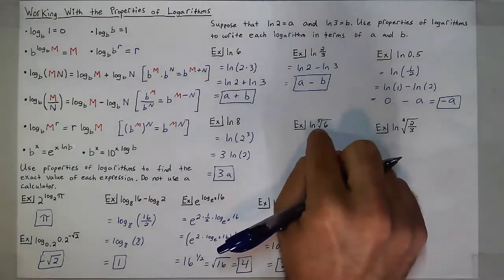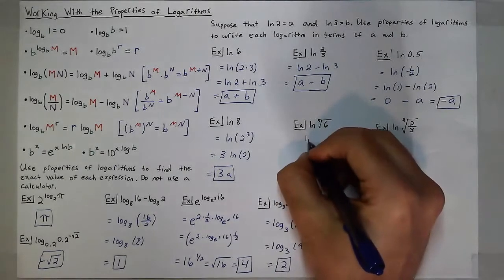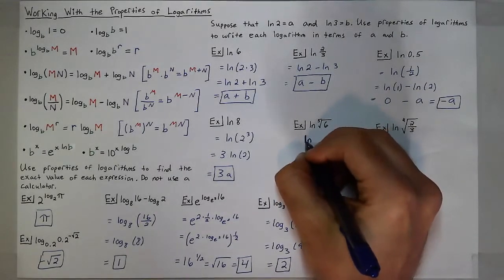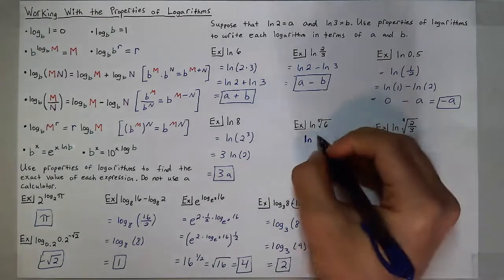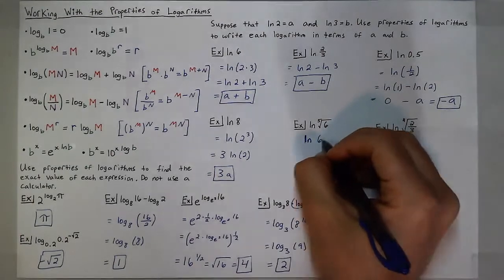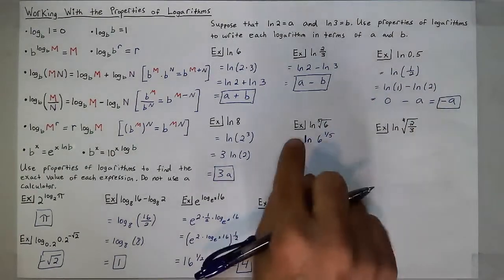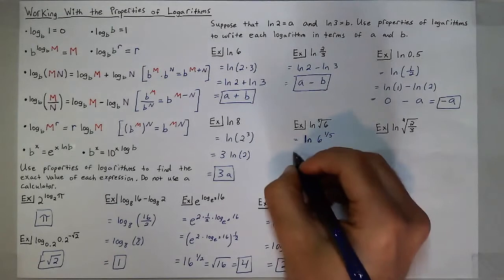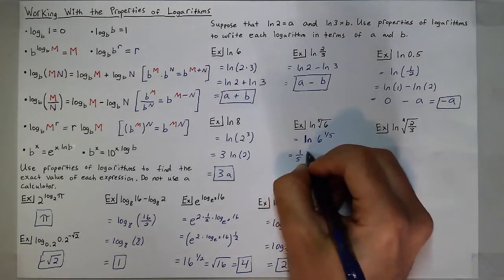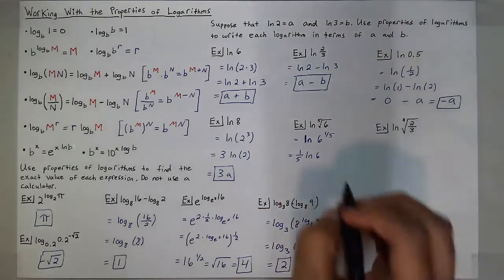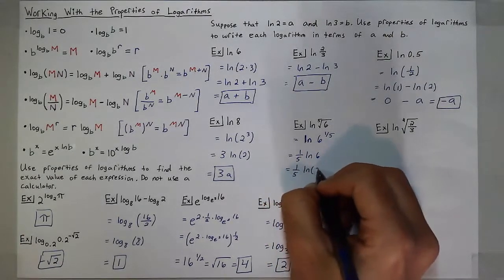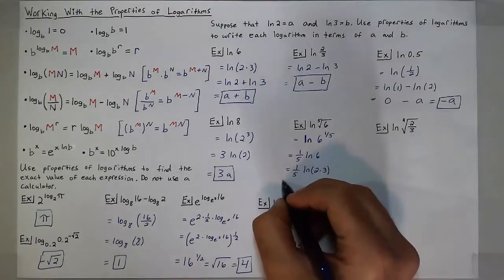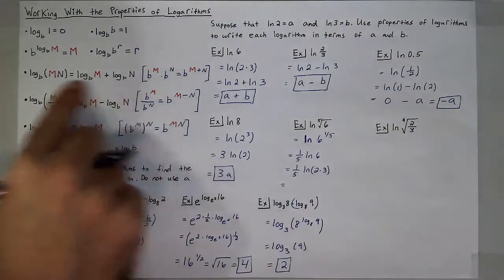Something similar can happen here. I have natural log of the 5th root of 6, which I talked about these radicals before, but the 5th root can be written as 1/5 in comparison. So I have natural log of 6 to the 1/5 power, which I can move to the front just like I did earlier. So I get 1/5 of the natural log of 6. The natural log of 6 can be written as the natural log of 2 times 3, which can be separated with addition using that product property.